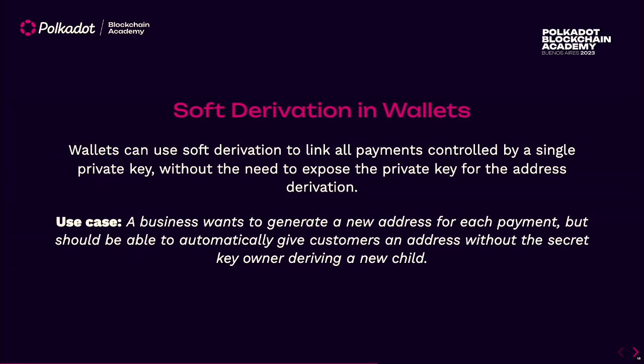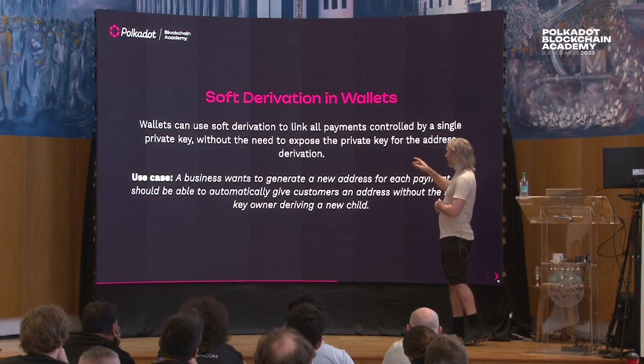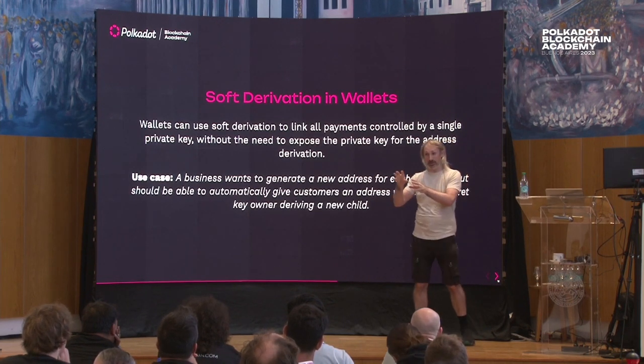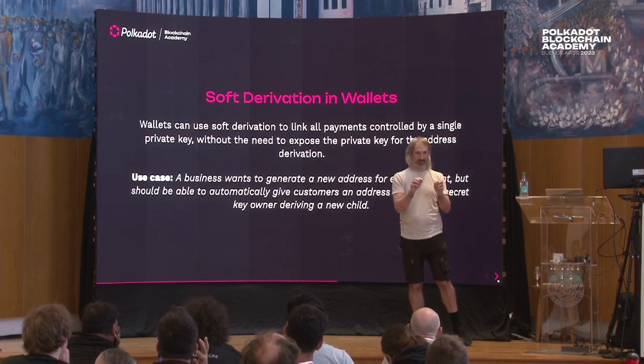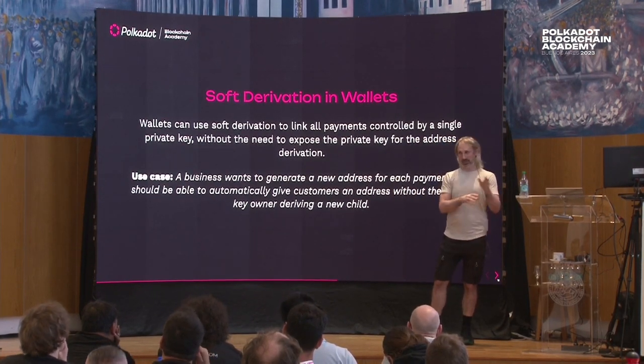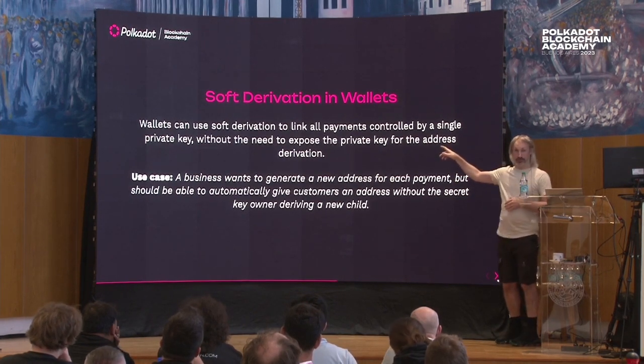Although the secret keys are related using soft derivation, obviously, we're generating new ones using the soft derivation function, the public keys of the accounts that are derived are themselves related in a very visible way. This is why they can be useful.